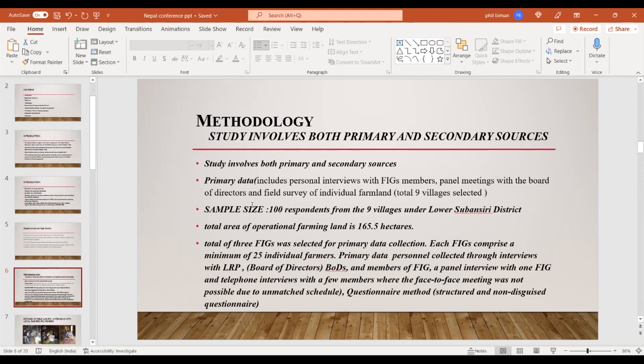Primary data was collected through intense face-to-face interviews with local farmers and local resource persons, and also deep interviews with farmers who are already members of such cooperatives, like FIGs and farmer producer companies.